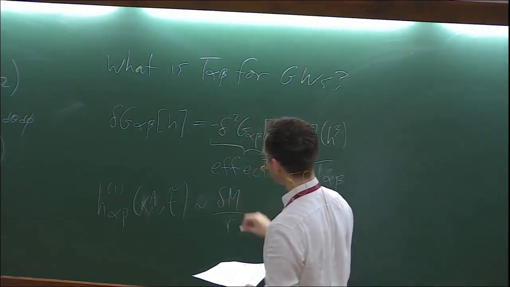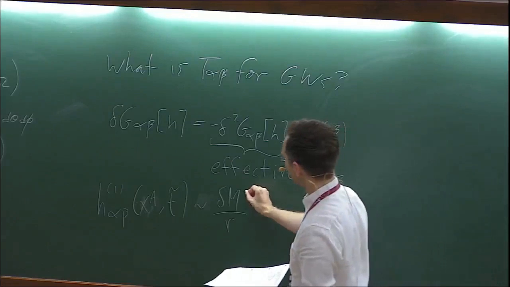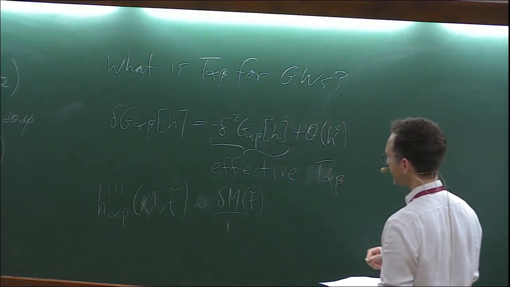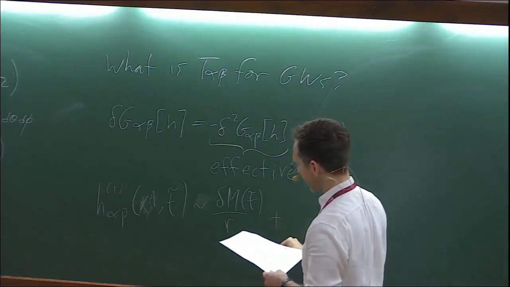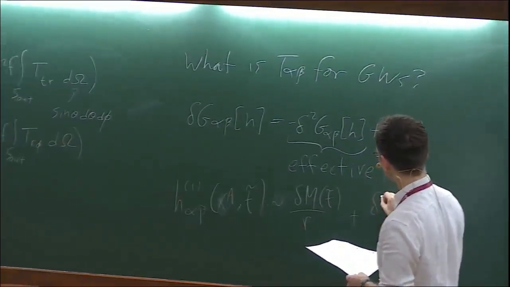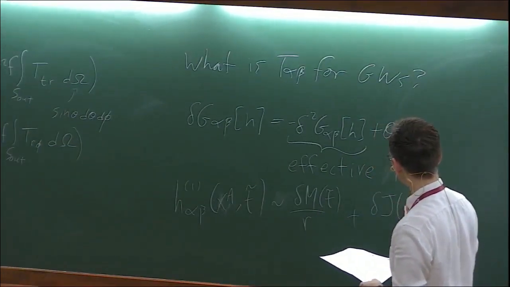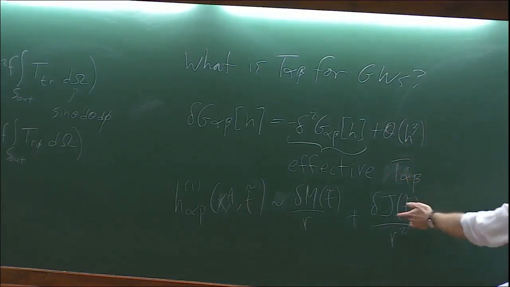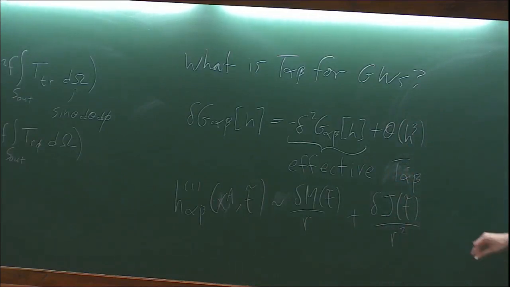Looks schematically like this, delta m over r, and this is evolving as a function of slow time. And we'll also have a correction to the big black hole's spin. It's going to look like this, delta J over r squared, and delta J is slowly evolving with time.